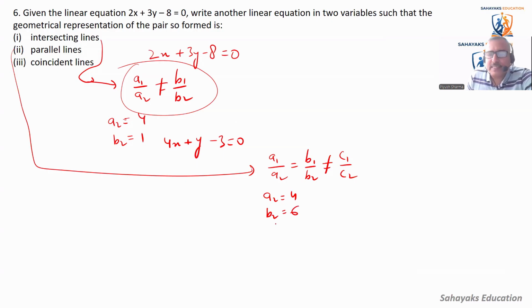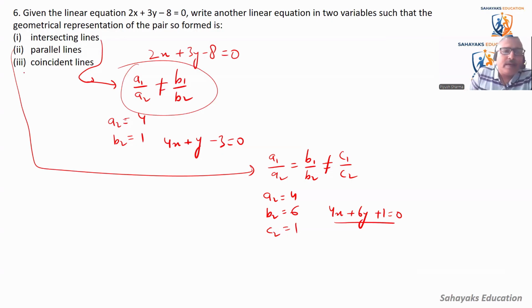So A1 by A2 should be equal to B1 by B2. And for C2, I'll take some random value. Okay, I'll just take 1. So the next equation comes out to be 4x plus 6y plus 1 is equal to 0. So this line and the second line will be parallel lines.